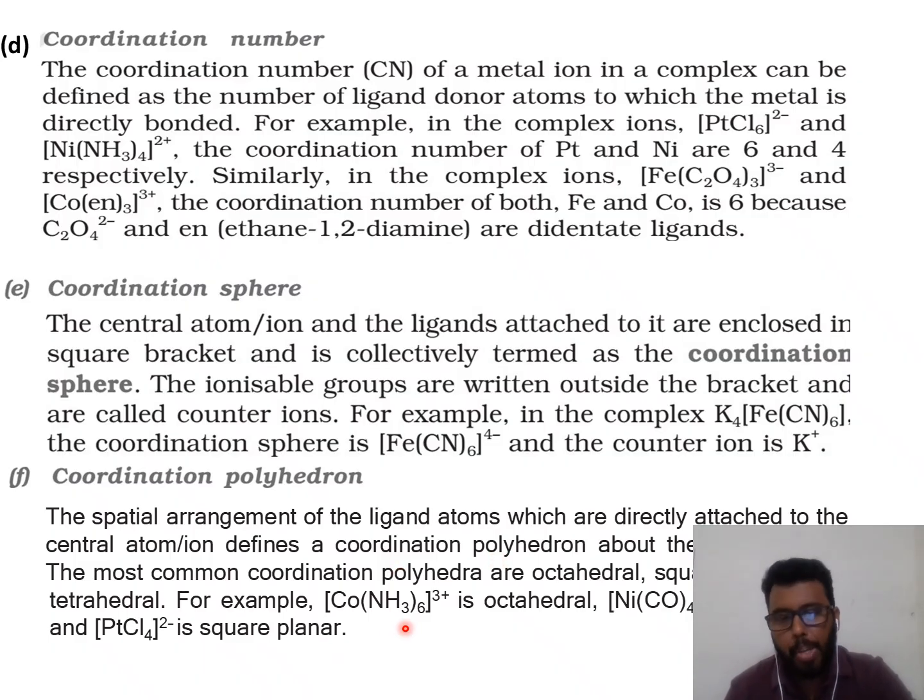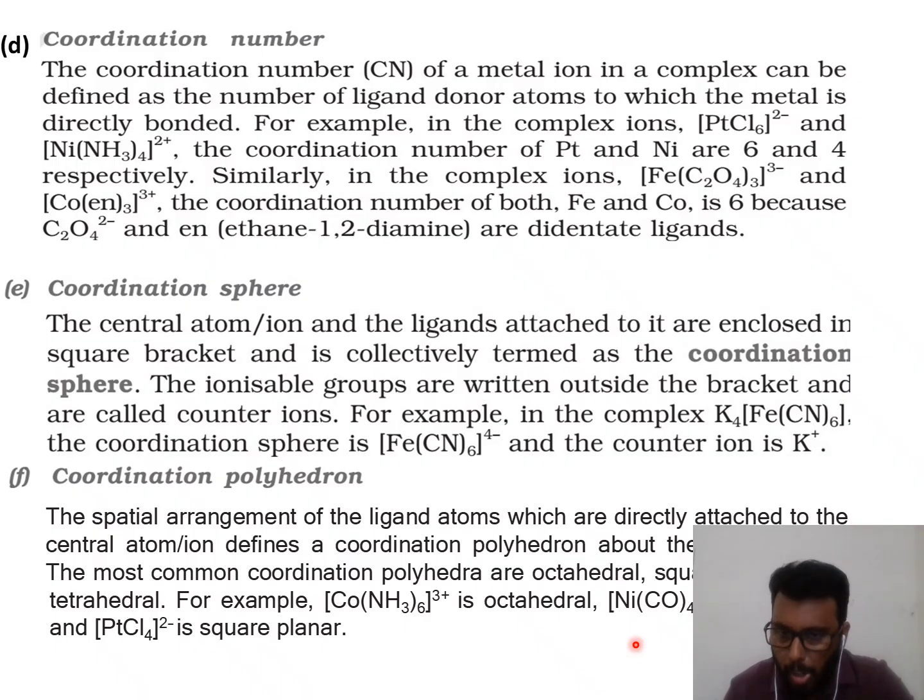Let's take this white paper. If the red dot here is the cobalt ion, then 4 amine ligands you can put in this plane, then the fifth amine you can put above the plane and the sixth one below the plane. So when you connect these points, you will get an octahedral complex.